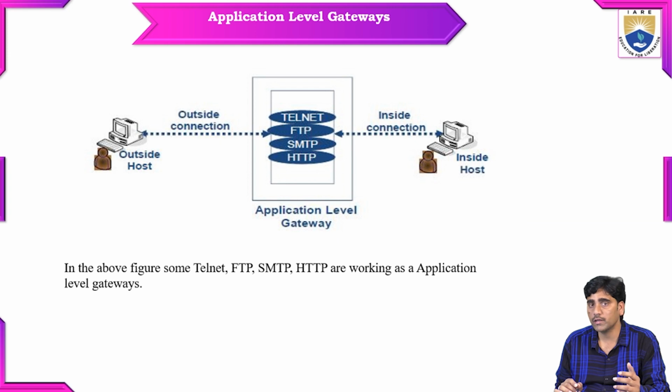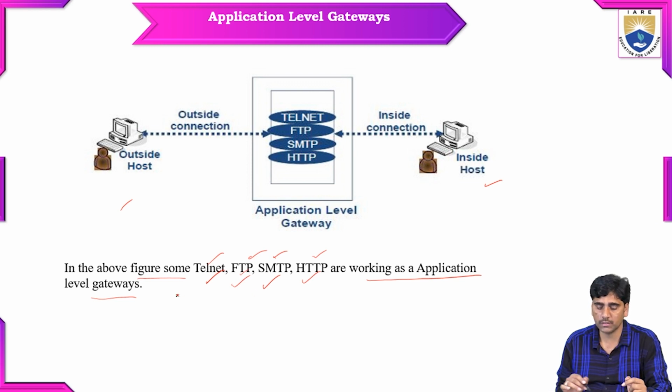And here we can say that there are different types of application level gateways working in between the client and the server, or in between the outside host and inside host. We can see in the above figure that telnet, FTP, SMTP, HTTP are working as application level gateways for their purposes.